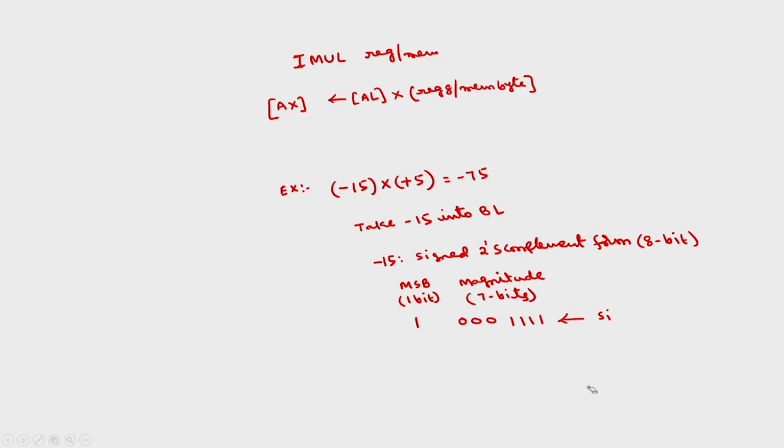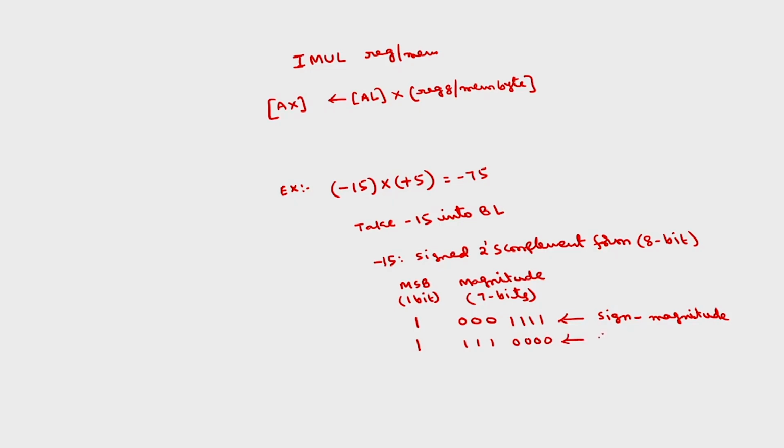There are 3 ways to represent signed numbers, but in microprocessors we will use signed 2's complement representation. This is called signed magnitude representation. Whereas in signed 1's, the MSB is 1 because of the negative number, and you take the 1's complement of this, which is 1110000.